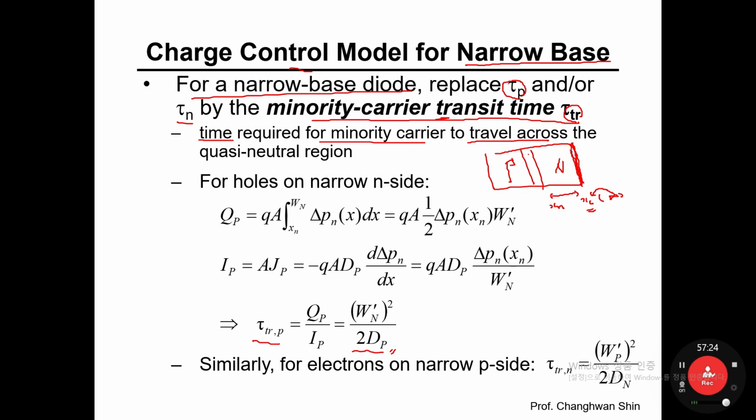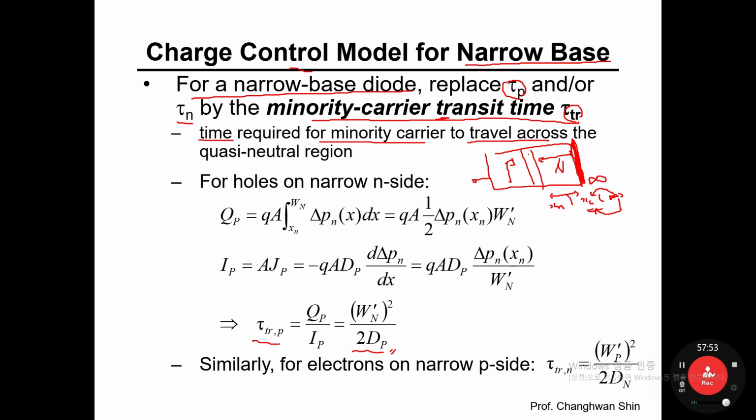Originally, the position of the edge of the quasi-neutral region was matched to x of infinity, which means a long base. But now, since the physical width of the n-side is very limited, instead of infinity I am going to use a certain constant value. Herein, I have used x sub c.